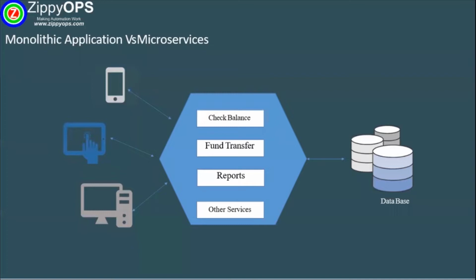But there are a couple of problems in this application. The first and foremost problem I'm going to highlight is scaling. When I talk about scaling an application, there are two kinds of scaling available. Vertical scaling is something like this: on a server, let's say the server has 4 CPU and 16 GB RAM.